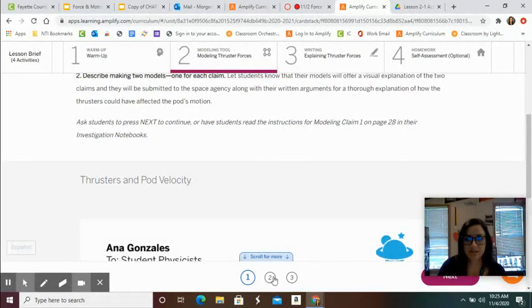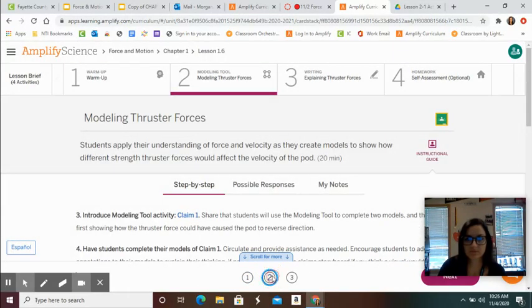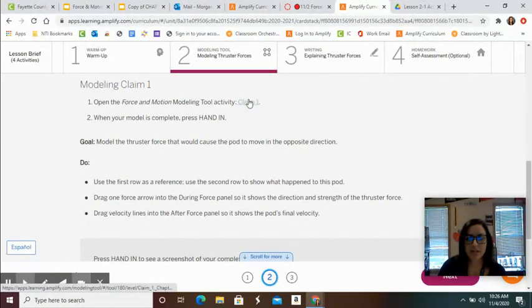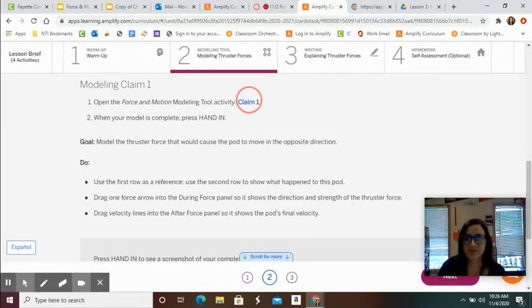Looking at page 2, if you click here, they have the directions of what you're doing and then the claim.